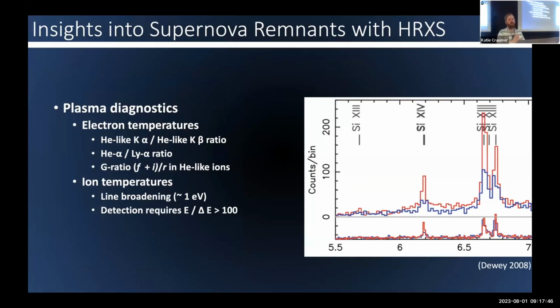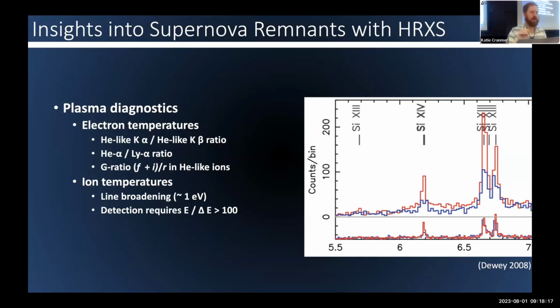Well, we can also learn more about the plasma diagnostics. So we have several line ratios that you can use to estimate the electron temperature. And the better your resolution, the better you can measure those temperatures. You also have the ability to measure the ion temperature, which is a little bit trickier, since that's based on the width, the Doppler broadening of your emission line.